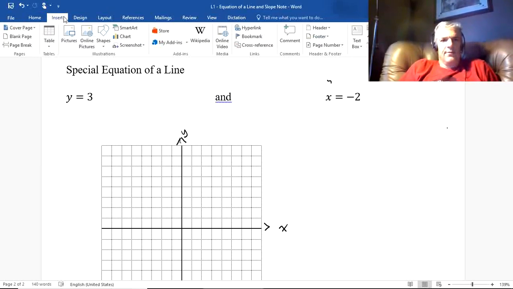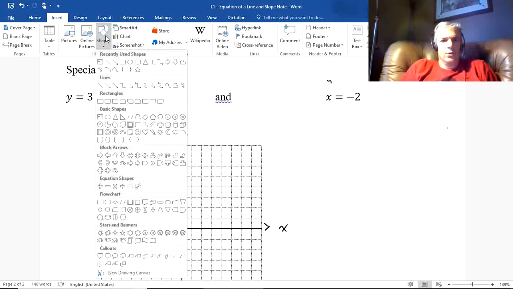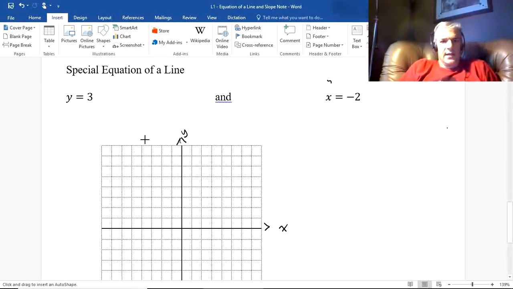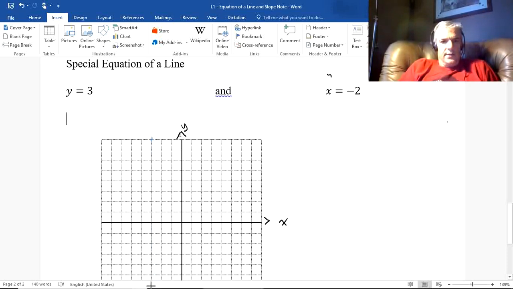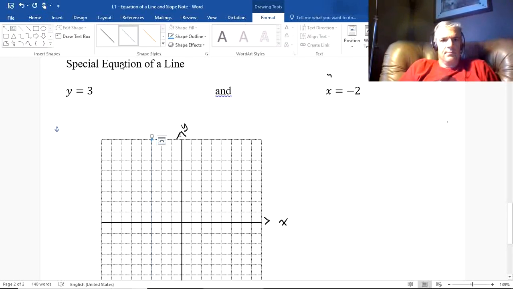If I use my insert tool feature, I can draw the line like this. Sometimes I can even change the color to black so it looks a little more distinctive.